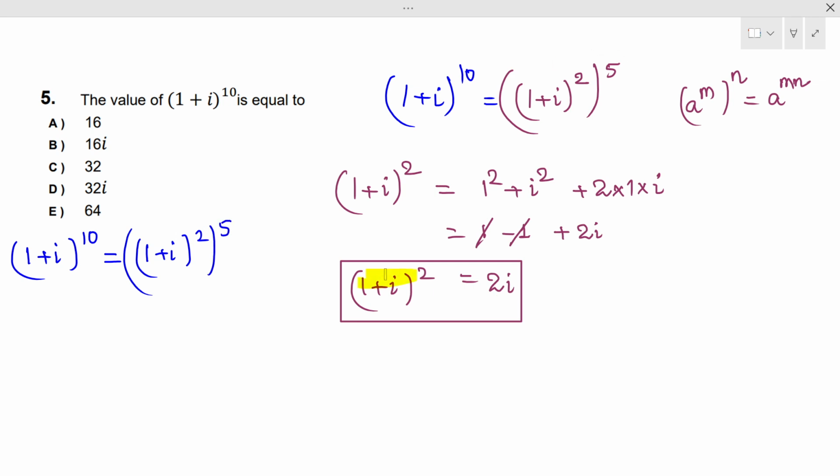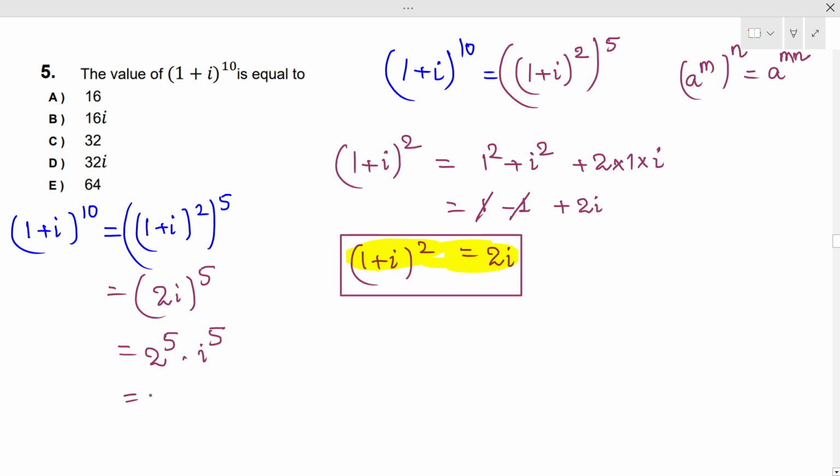Now (1 plus iota) squared is equal to 2i, so (2i) to the power 5 is equal to 2 to the power 5 into iota to the power 5. 2 to the power 5 is 32 into i, since iota to the power 5 is i, so it will be 32i. So the option will be option number D.